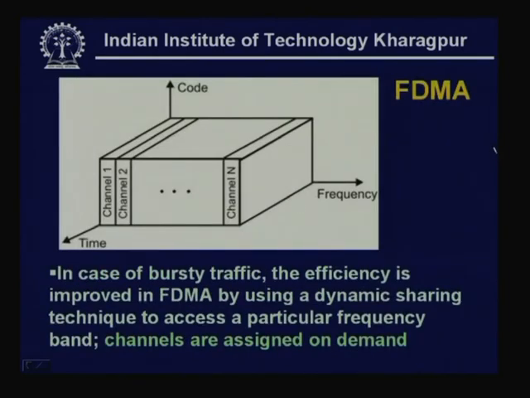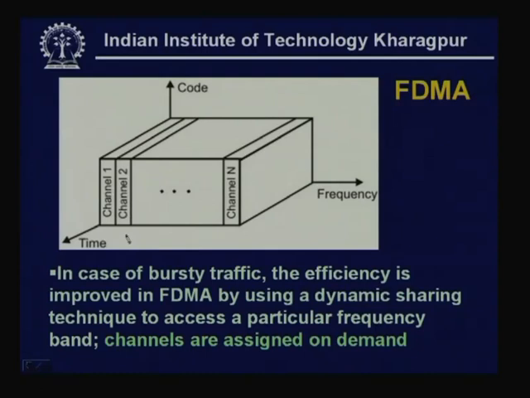Now, you may be asking, what is the difference between frequency division multiplexing and frequency division multiple access? As you can see here, the signals sent by different channels have been shown in a 3-dimensional graph, where the 3 dimensions are time, frequency and code.